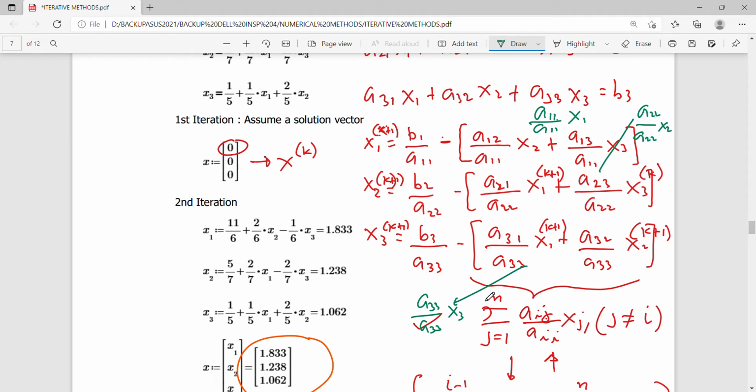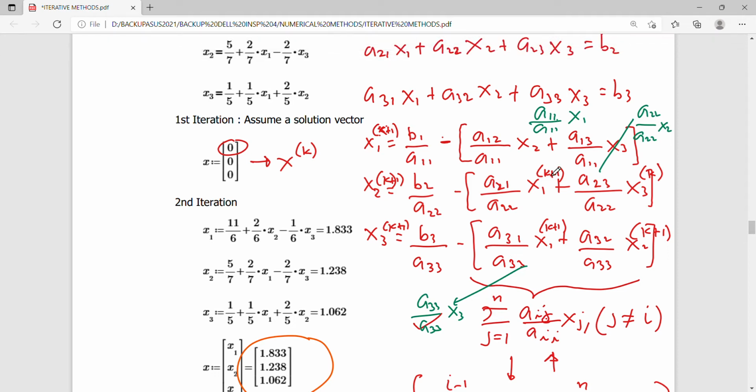So in the SOR formula, we're going to retain this AII over AII xi term.